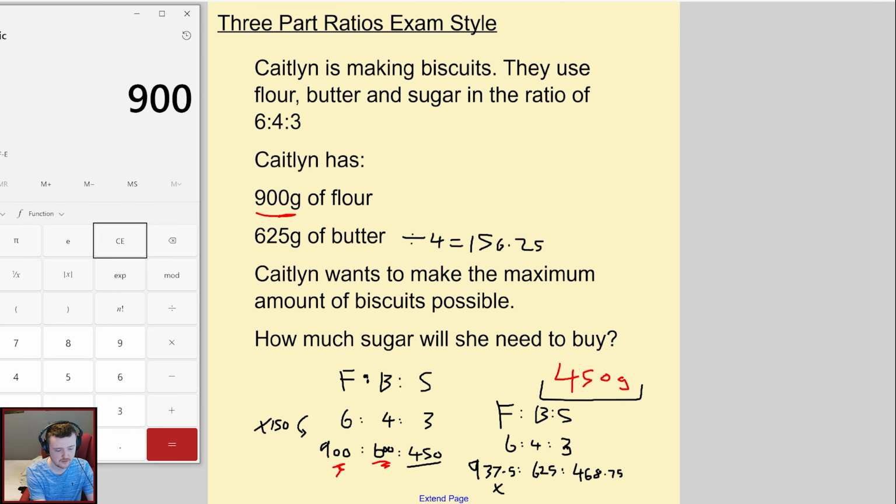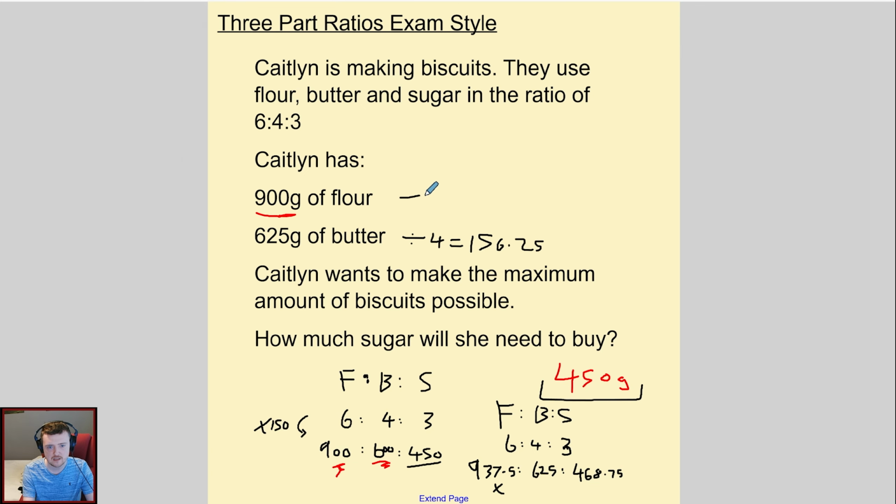And 900 divided by 6 is 150. Since this is smaller, this is the limiting factor. This is what stops me from doing more. So the limit is the flour. And so I've got to use this 150 as my numbers rather than the 156.25. This means that the 150 becomes my multiplier. That's what I'm going to times it by.